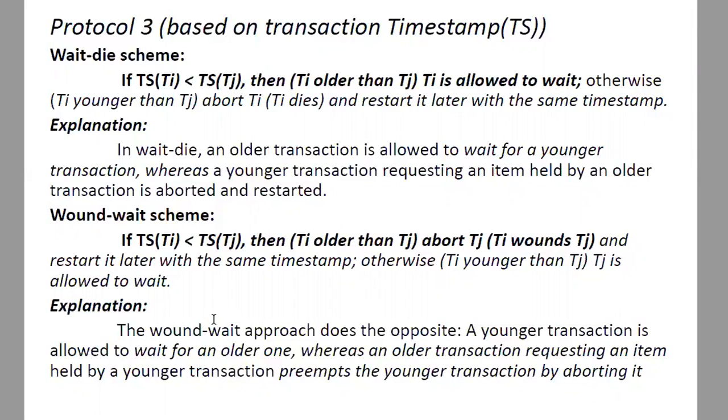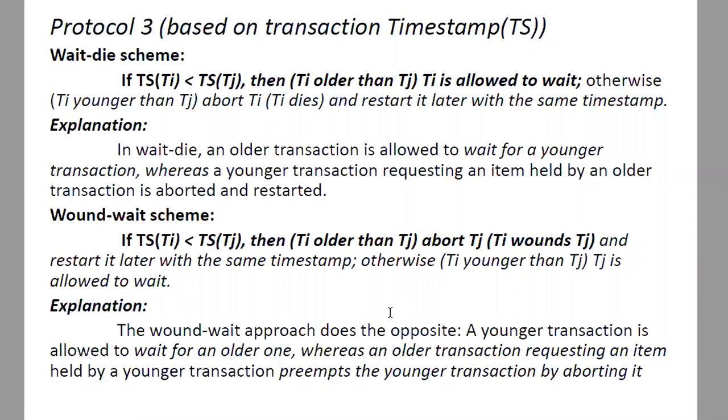You can see the explanation here. The wound-wait approach does the opposite: a younger transaction is allowed to wait for an older one. In the first case, the older transaction is allowed to wait for the younger transaction, whereas here the younger, more recent transaction waits for the older one.